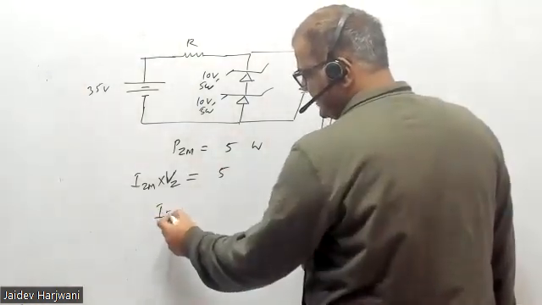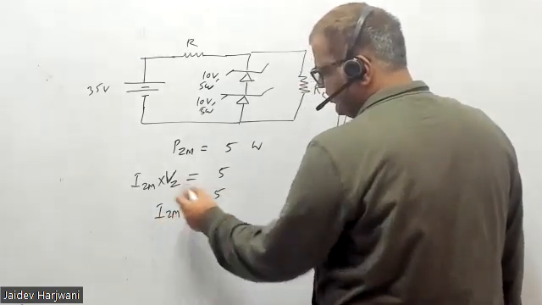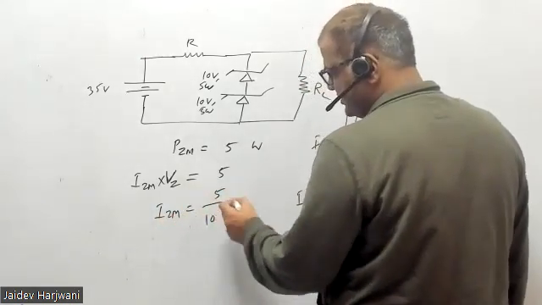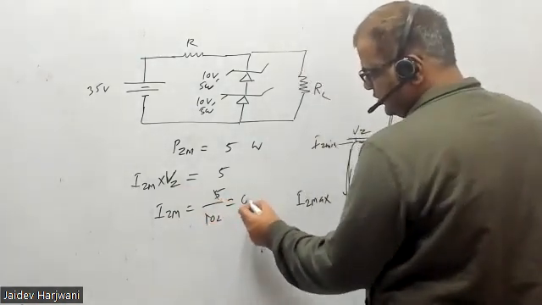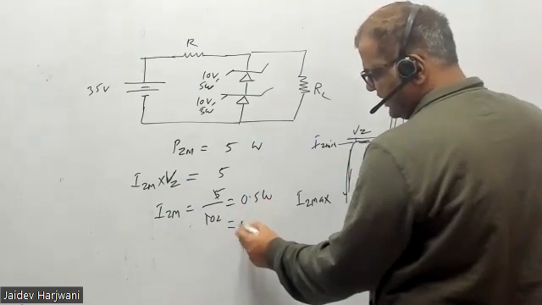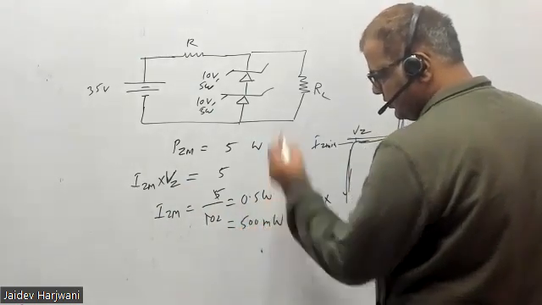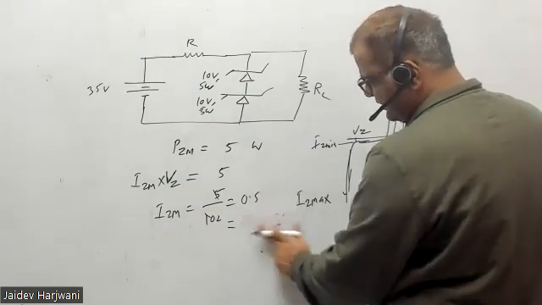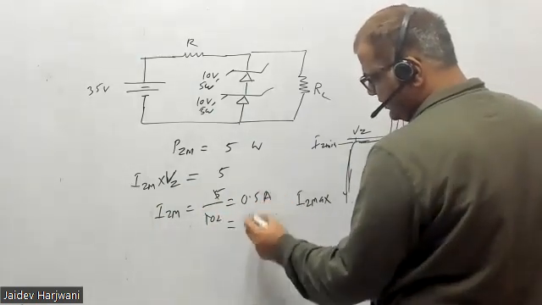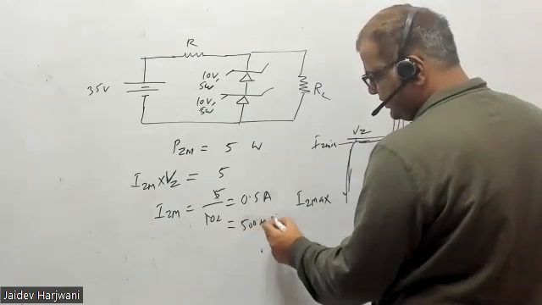So your IZ max will be 5 upon VZ, which is 10. How much? 1/2. That is 0.5 ampere, or you can say 500 milliampere. This is the IZ max value.